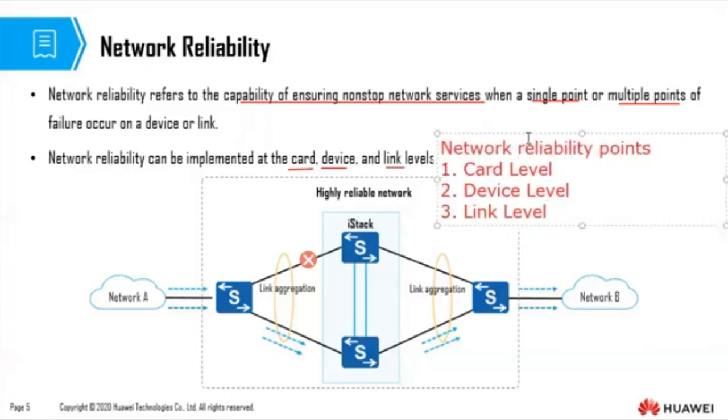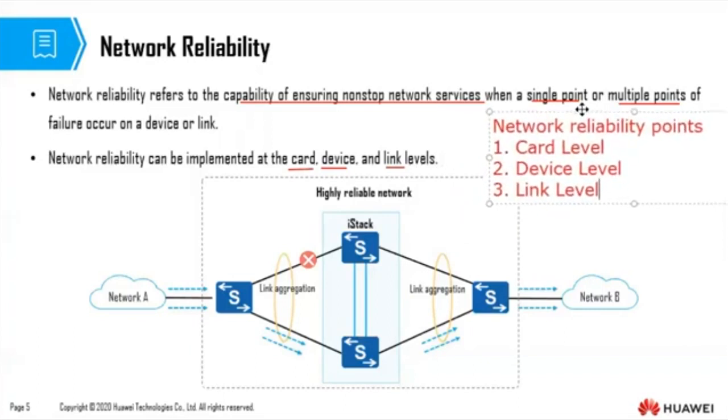Now, why do you think it's important to ensure high network reliability, non-stop network services on today's networks? That is, even if we have failure in our network, the network will still be able to survive and serve the people.